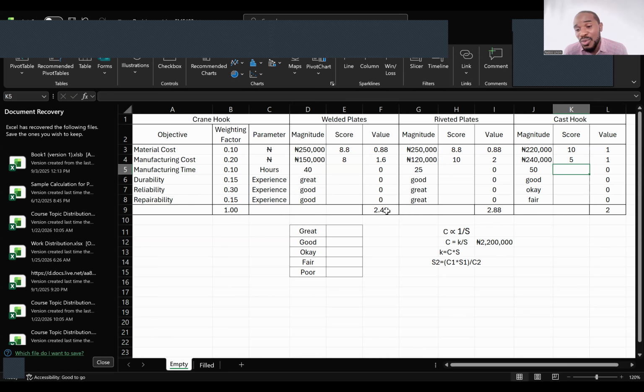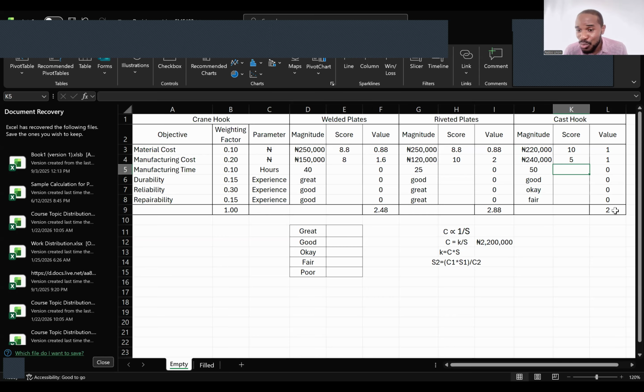And the beauty of doing this in Excel is that you can see how the individual values change with time. When we started with manufacturing cost only, it looked like the cast hook was the best method because it had 1, and all the others had 0.88, right? Now that we've added material cost, you can look at the total down here.